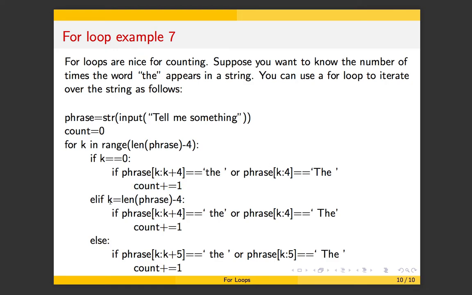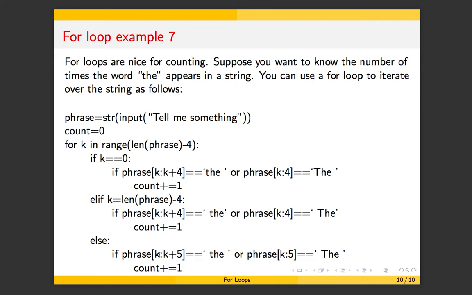Otherwise, if k is at the very end of where I want to search, then tell me if those last 4 characters are this or this, and if so, increase the count by 1. Otherwise, I'm not at the beginning, I'm not at the end. Tell me if the 5 characters I care about, because now I've got space on either side.